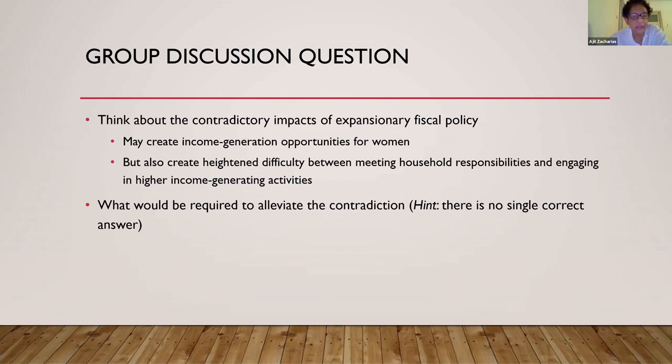But at the same time, this also raises, given that traditional roles of women remain unchanged or only subject to a little bit of change, they have this twin responsibility of meeting household responsibilities as well as engaging in higher income generating activities, right? So I'd like you to think about what would be required to alleviate the contradiction, right?